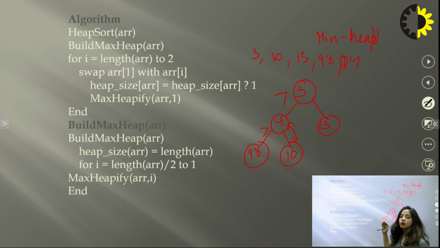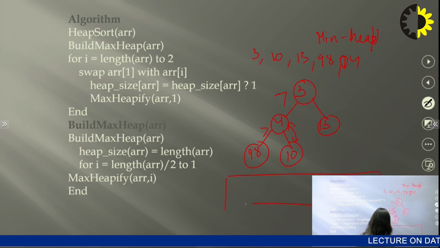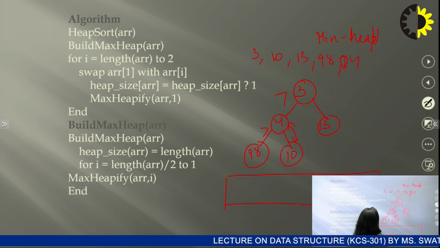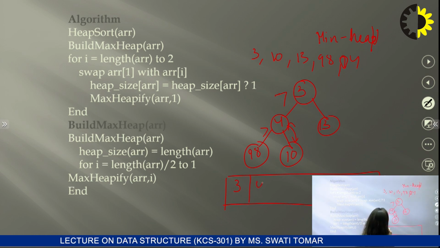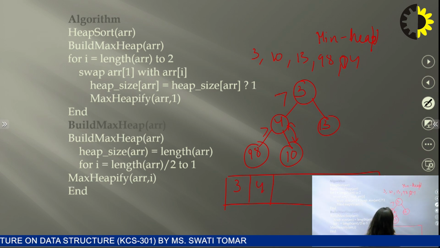So let me arrange these elements in an array form for you to understand. Now this is our array. How many elements are there? 1, 2, 3, 4, 5. 5 elements are there. These are the elements after insertion.